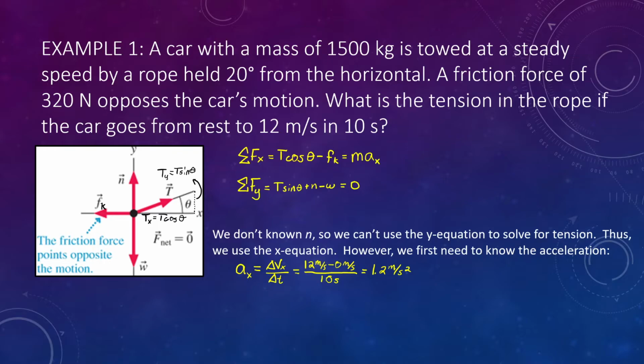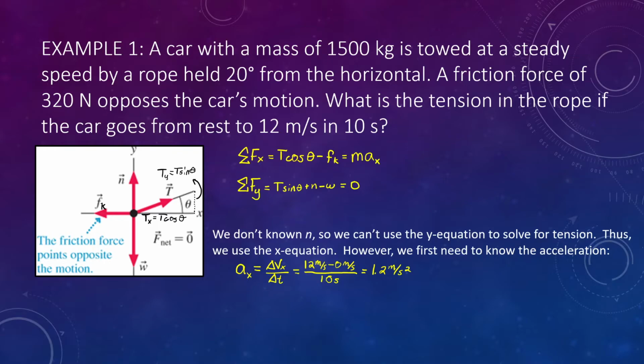Okay, so even though we have that problem-solving strategy telling us to solve for the acceleration, we kind of reasoned that we'd have to anyways, because to solve for T, we need to know a. So using the definition of acceleration, we were able to determine the acceleration as 1.2 meters per second squared.